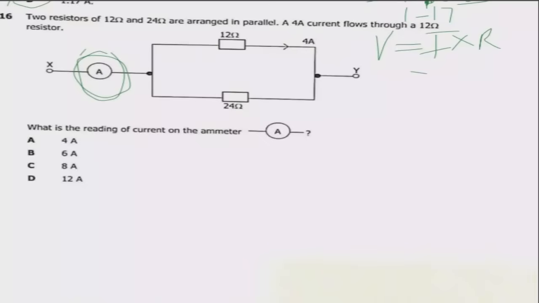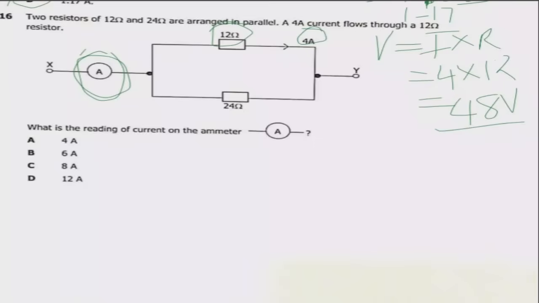Using the quantities given, the current is 4 and the resistance is 12. When we multiply that, it gives us 48 volts. That is the voltage passing through the entire circuit.